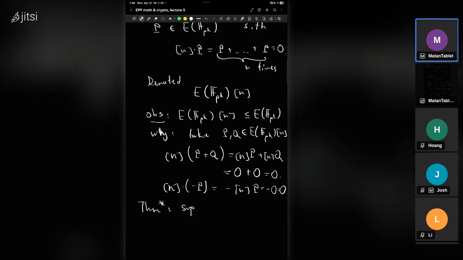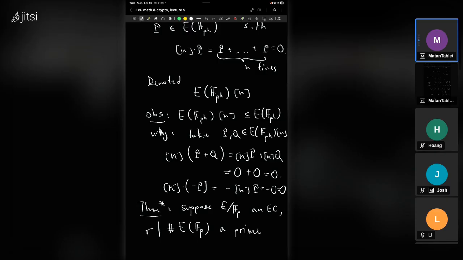Suppose E over FP is an elliptic curve, and R is a prime dividing the order of the group. The order of the group is usually not prime, but it has a prime factor.